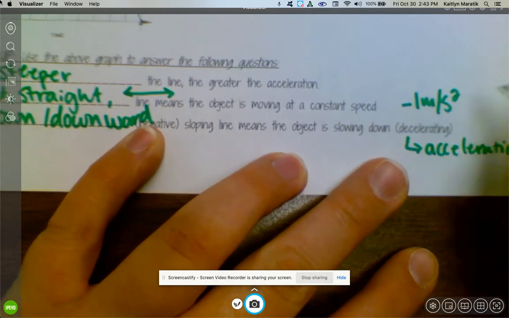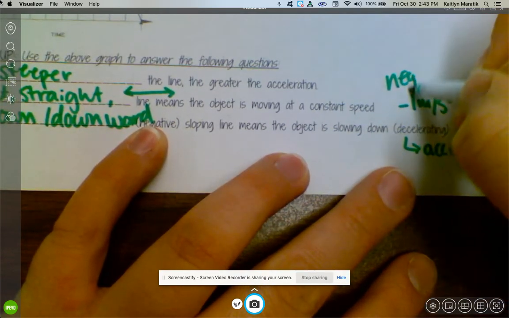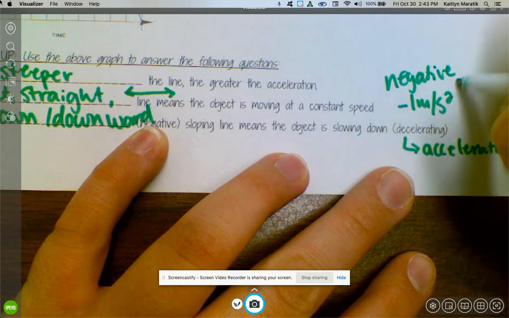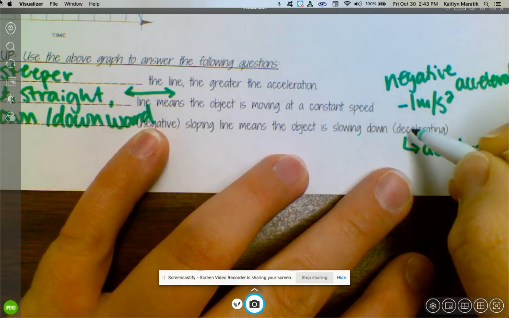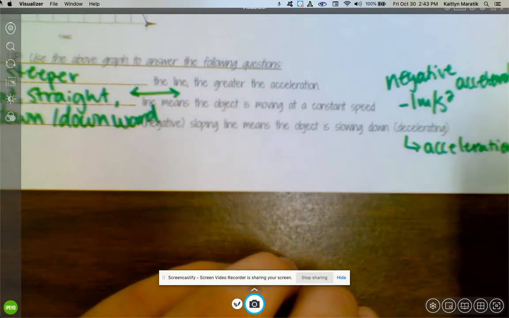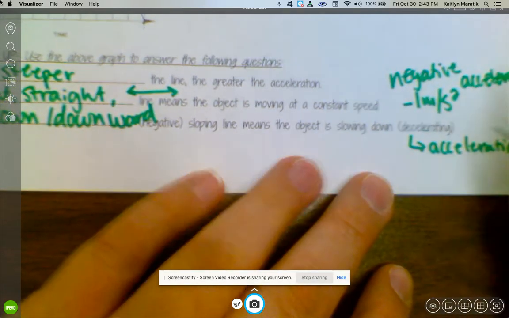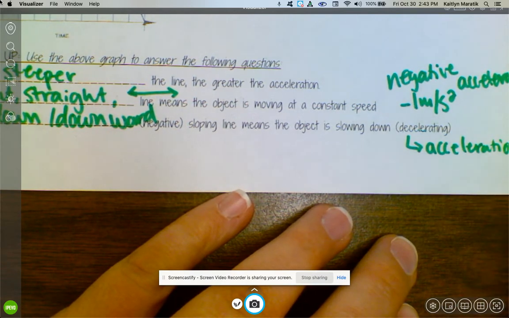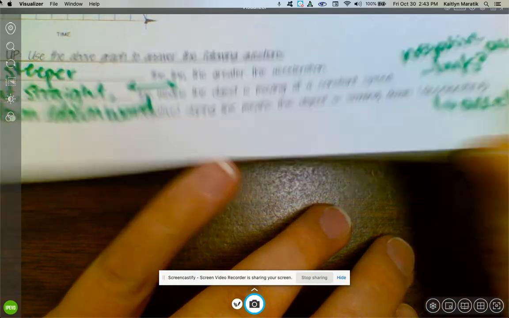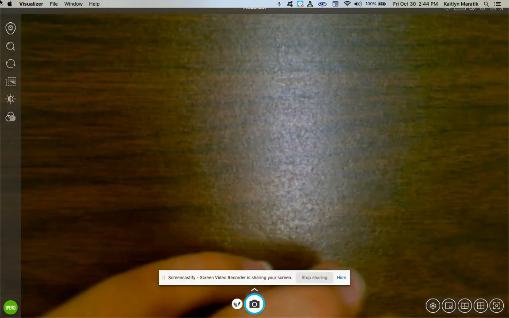So another way to say this is it's negative. So technically, deceleration is basically acceleration. It's just negative acceleration. More of a fun fact, because on the back side we might run into that exact same thing.